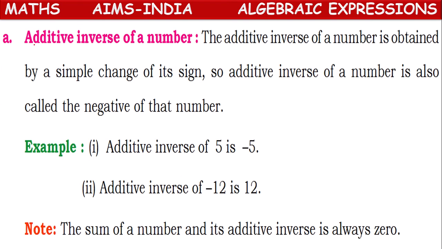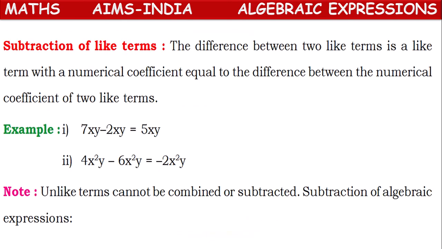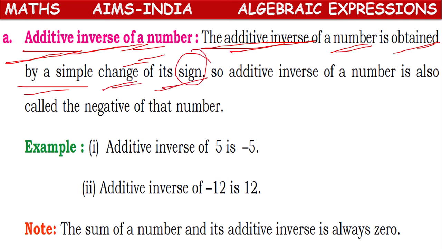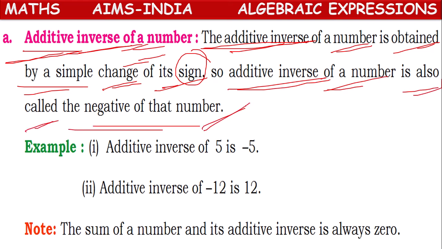Next one. Additive inverse of a number. The additive inverse of a number is obtained by a simple change of its sign, or the additive inverse of a number is also called the negative of that number.